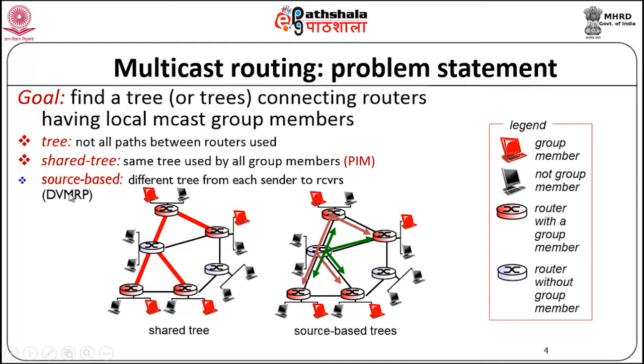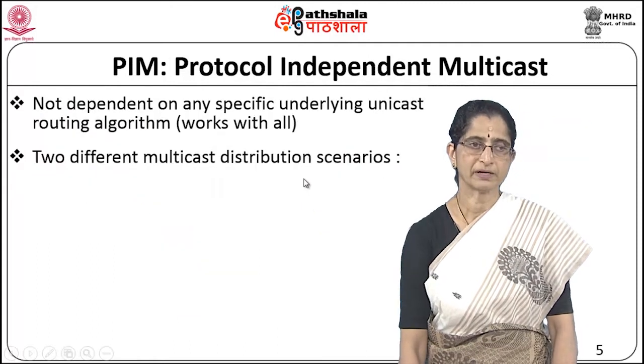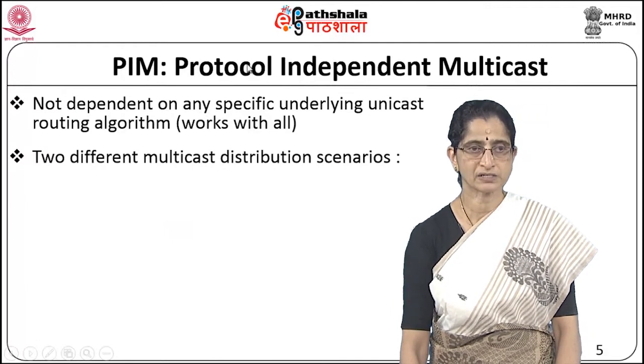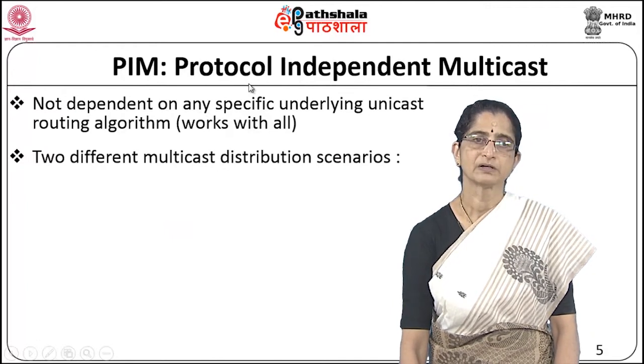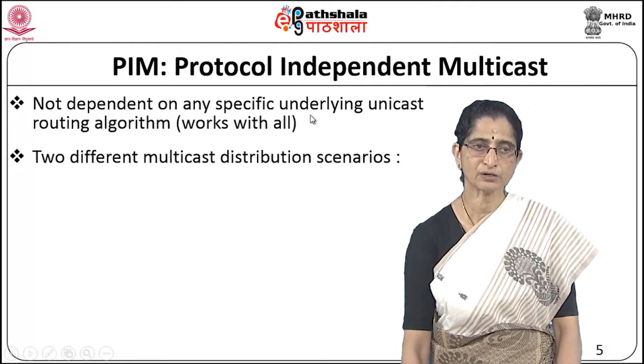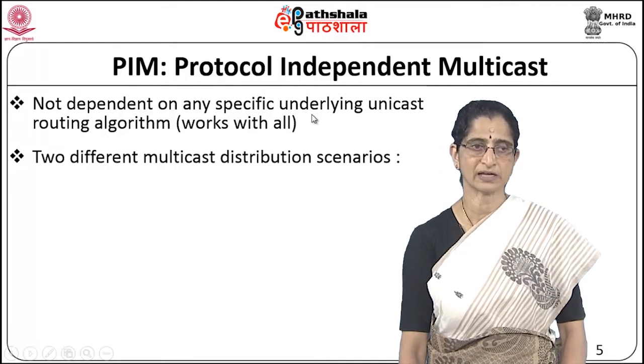We had already looked at a source based tree protocol, which is DVMRP. What we will be looking at now is a shared tree protocol, which is the PIM protocol. When you look at PIM, or protocol independent multicasting, the name itself says what is expected of this protocol. The term protocol independent essentially means that it is not dependent on any specific underlying unicast routing algorithm.